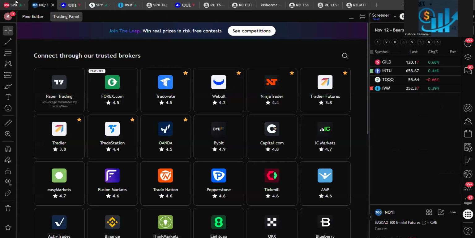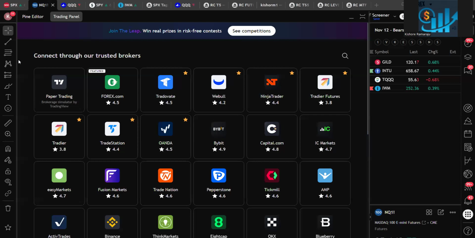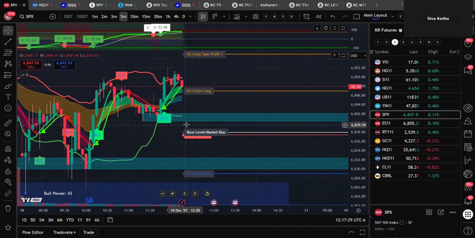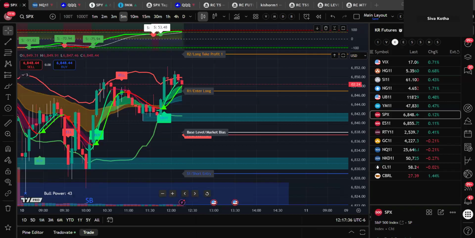At 12:59 and 30 seconds, click buy here, and go to the other tab and click sell. When the 1 o'clock news releases, either there will be a big drop or there will be a big bounce. So we can put an order like this.